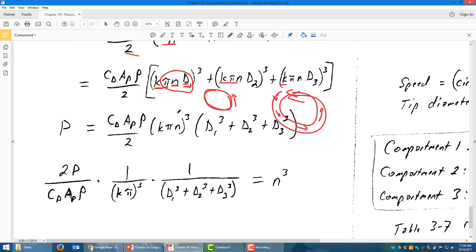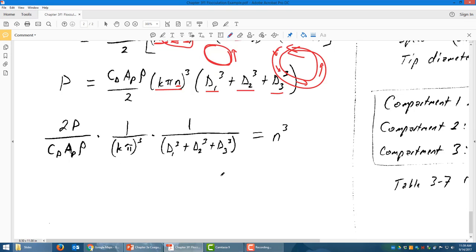Okay, so we were able to pull the K, pi, n cubed part out because all the paddles are traveling at the same rotational speed, a number of turns per second, I guess. But their actual speed will vary according to their diameter, so the diameters now have to stay here in the parentheses as separate terms.